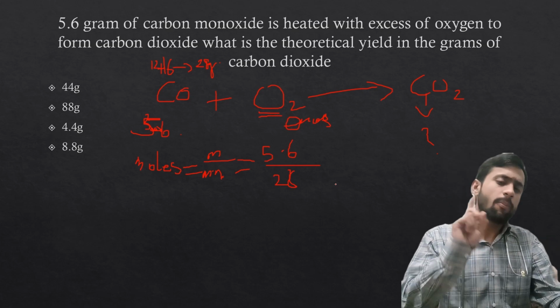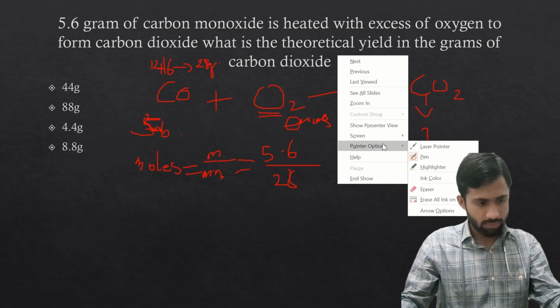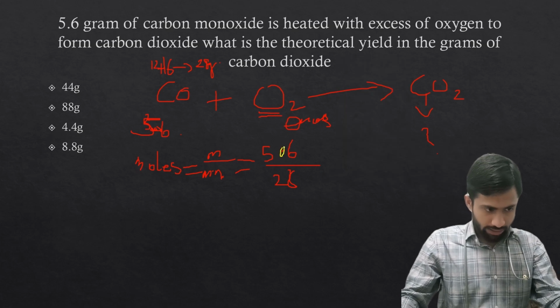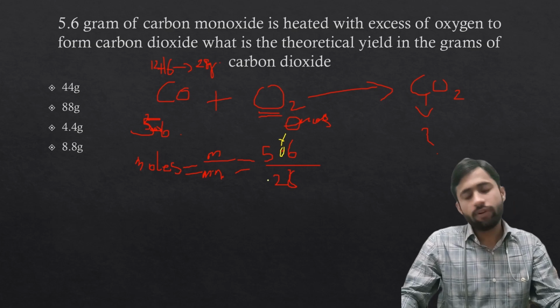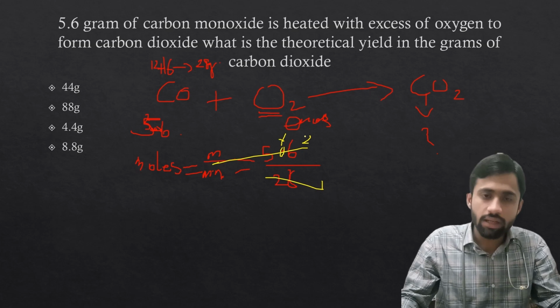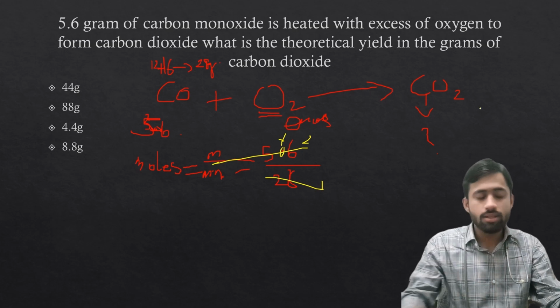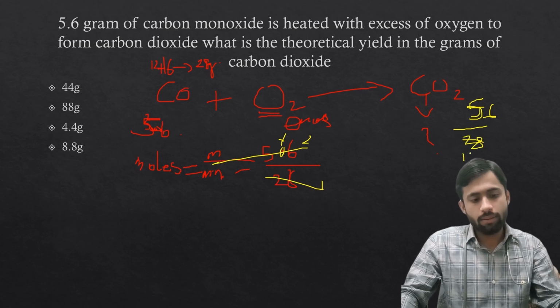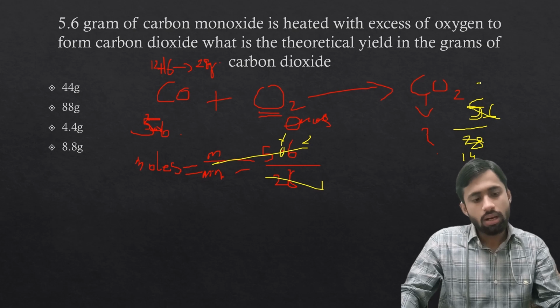Step number one is forget the decimal point. Okay, for one moment we have forgotten that there is a decimal point right over here. Now 56 by 28. 28 ones are 28, 28 twos are 56. If you find difficulty doing like this, you may also do it like this, 56 by 28. You may also apply the table of 2 first, 14, and then you will get 28.